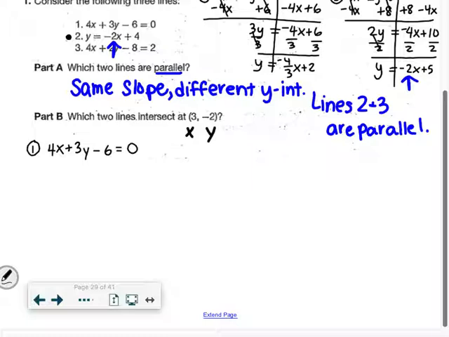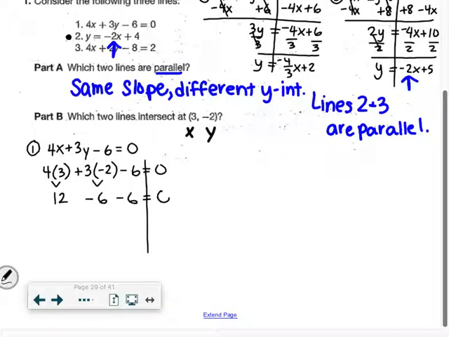So if I put 3 where the x is and negative 2 where the y is, is this a true equation? 4 times 3 is 12. 3 times negative 2 is negative 6. 12 minus 6 minus 6, does that equal 0? 12 minus 6 is 6. 6 minus 6 equals 0. Yes. So this is going to be one of them.